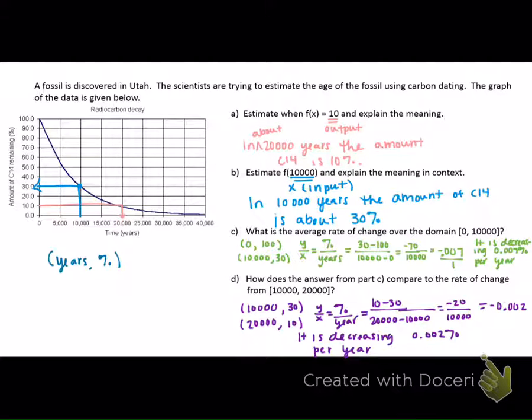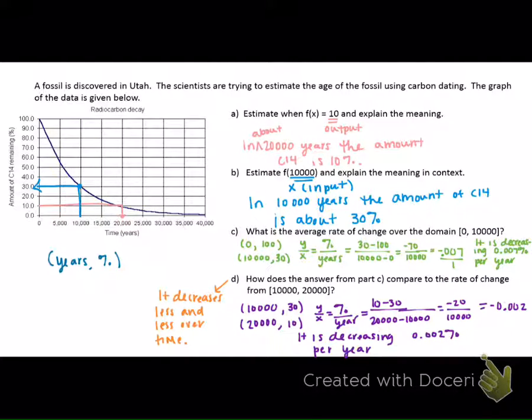Is it decreasing by more or decreasing by less over time? It starts decreasing less and less over time, right? It starts off at 0.007, which is bigger than 0.002. So you can just say it decreases less and less over time. And like I said, we can't really determine a factor on this one because these are estimates, and we don't have the equation either.